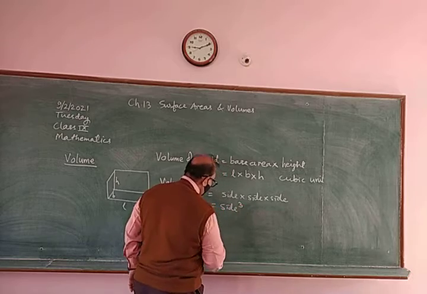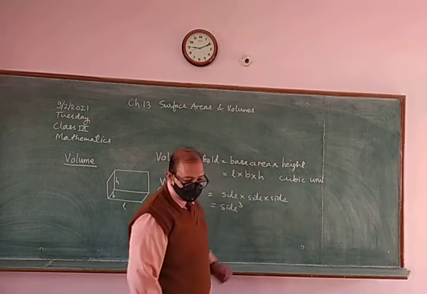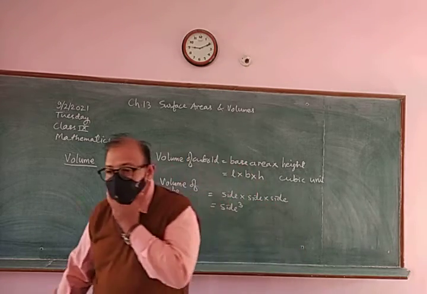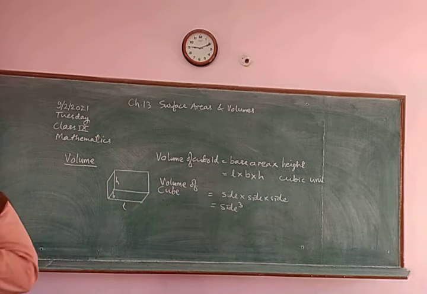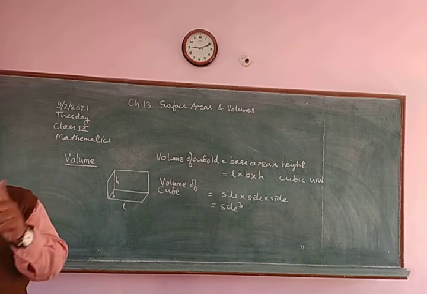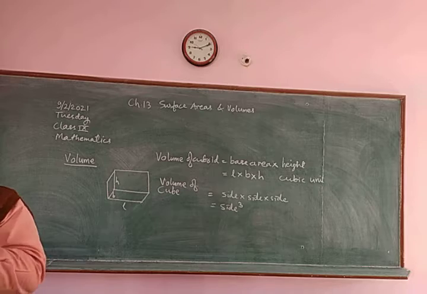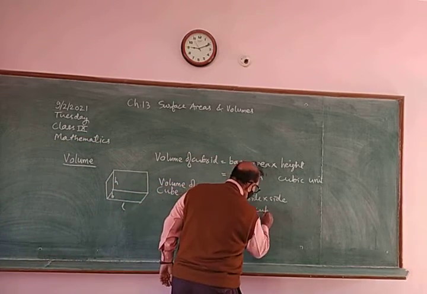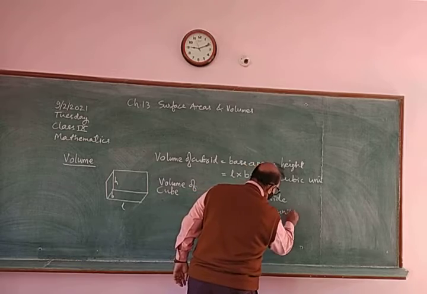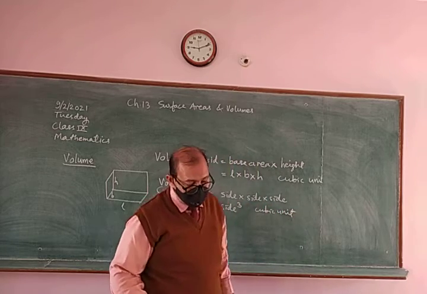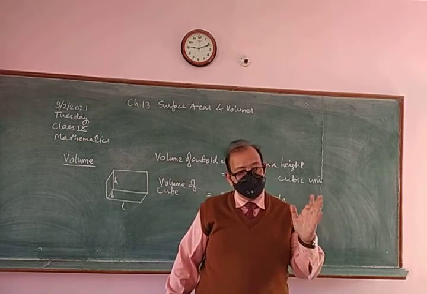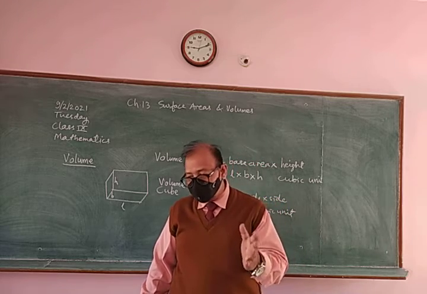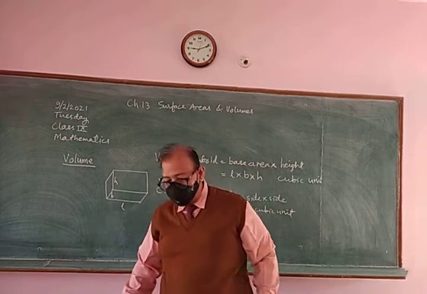Sir, the unit will be cubic unit here also? Yes. The unit of volume is always cubic unit. Clear? So these are the two formulas we will use in our next exercise. Okay, so now the first question.